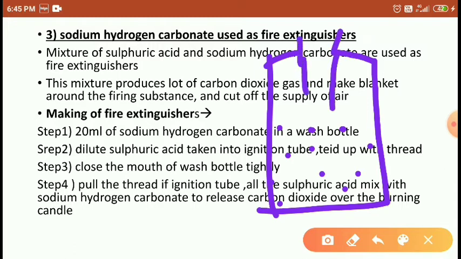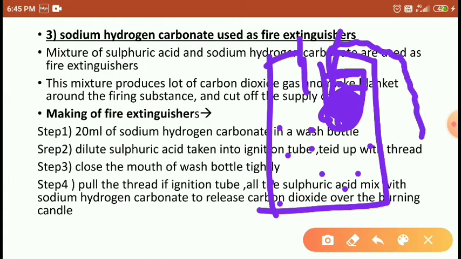So here we attach one more chamber, which we call an ignition tube. In this ignition tube we use sulfuric acid, it is tied with the thread, the thread is outside the chamber, and it is closed with a stopper, right?